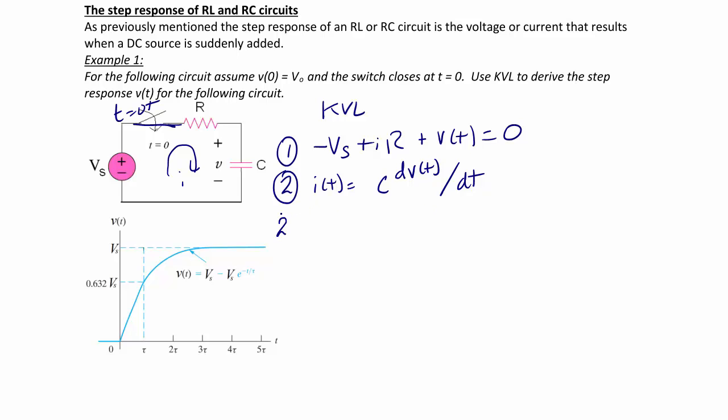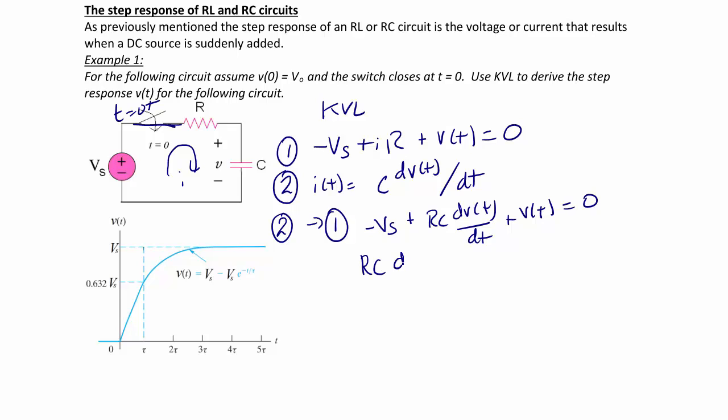Next, we're going to substitute equation 2 into equation 1, and we have negative Vs plus RC dV of t dt plus V of t equals 0. And now I'm going to move Vs to the right side of the equation.